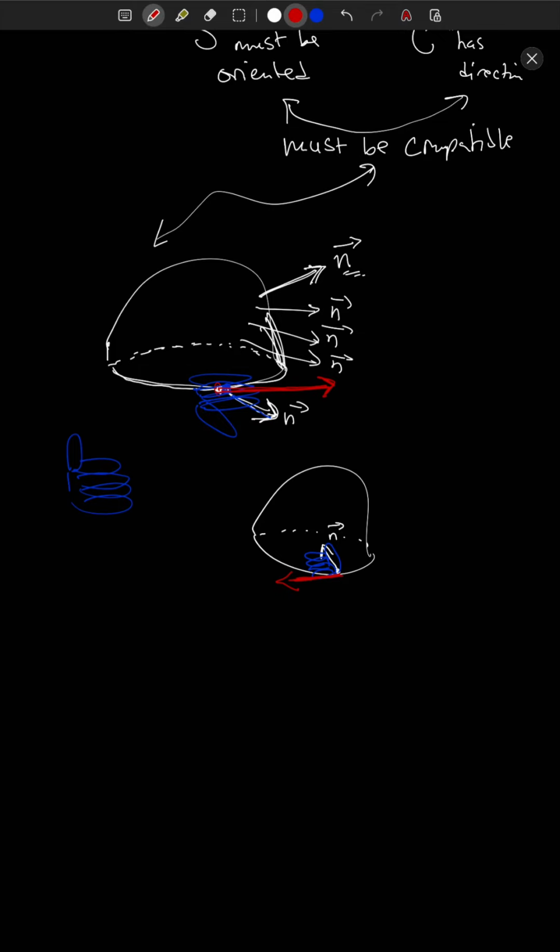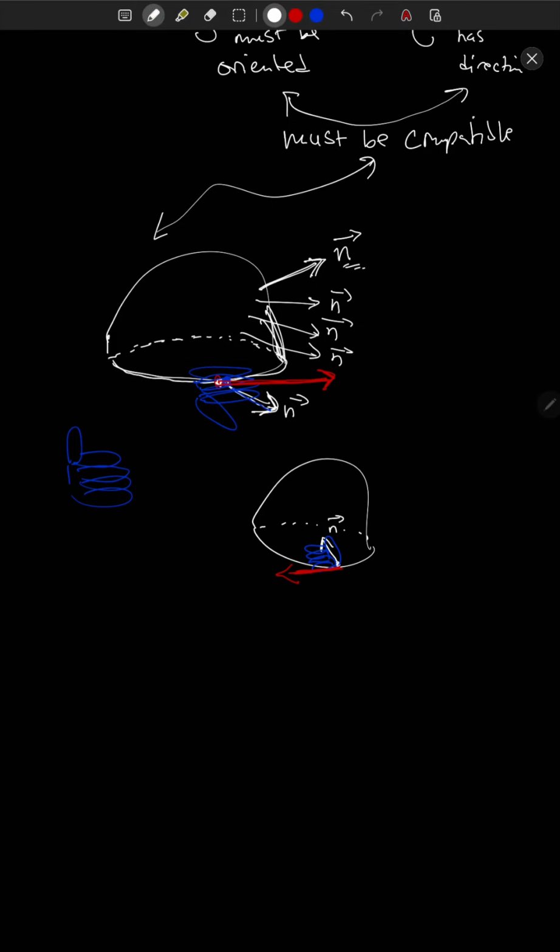So in the upper example, I would say n is equal to the outward normal, which pretty much makes sense because we're talking about a sphere. But alternatively, you could say it's the upwards pointing normal.